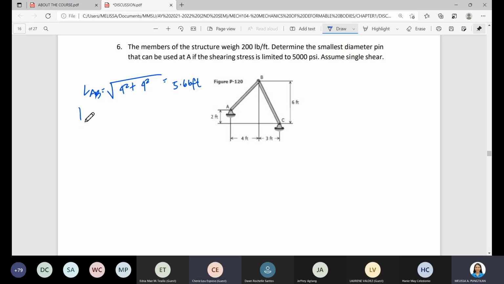And then yung ating BC, we have 6 squared plus 3 squared. So this is equal to 6.71.